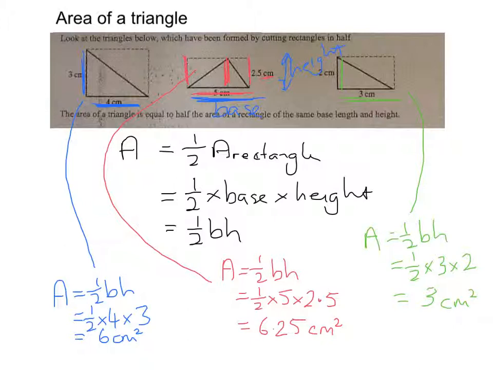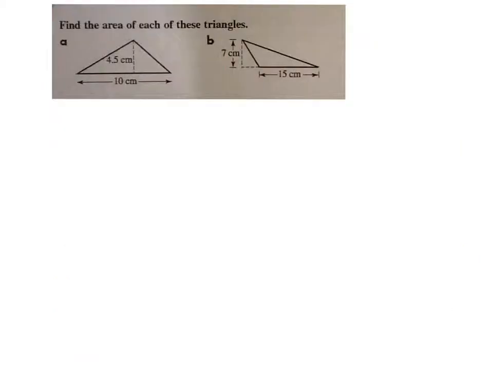I'll do a couple more examples. These are the examples that are in the book. We need to find the area of each of these triangles here. So again, the same rule applies.